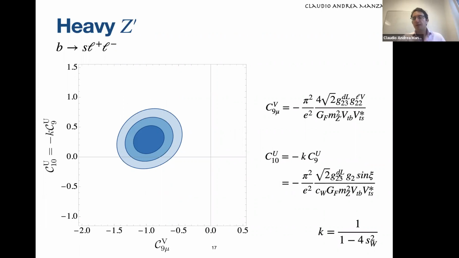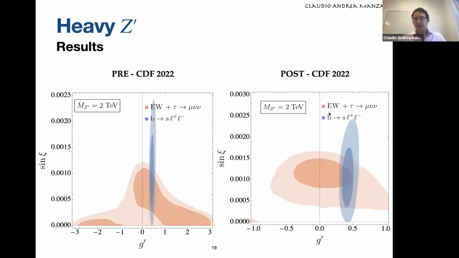But now, if we reduce the coupling to B and S quark, we have to enlarge the coupling to muons in C9 to again obtain the best fit point for C9. And this results in a shift toward the right of this blue region in terms of G prime.